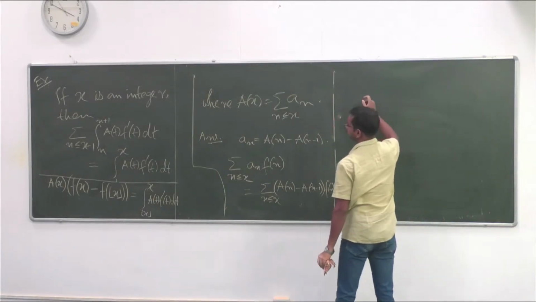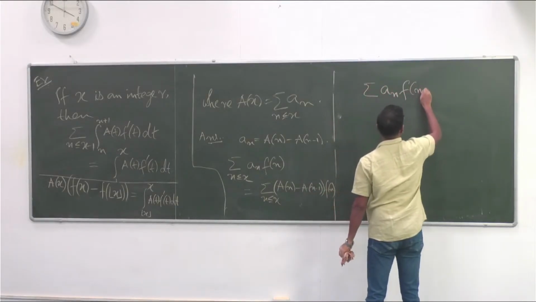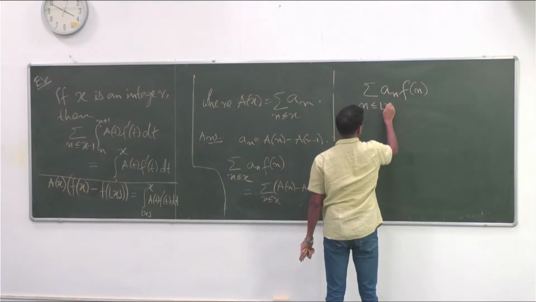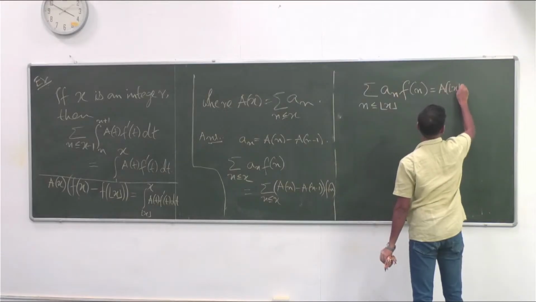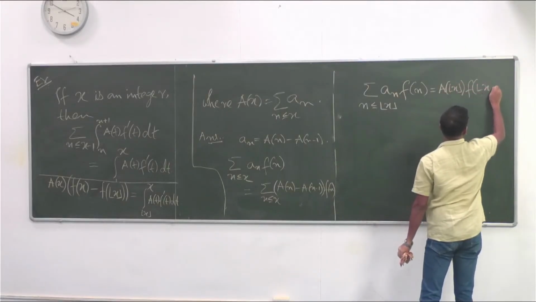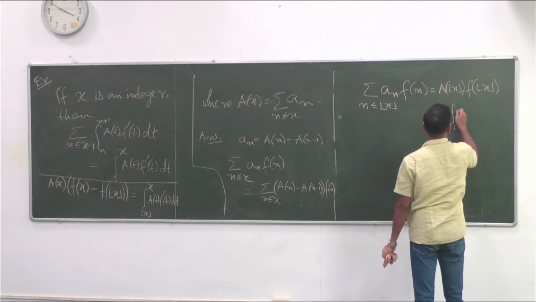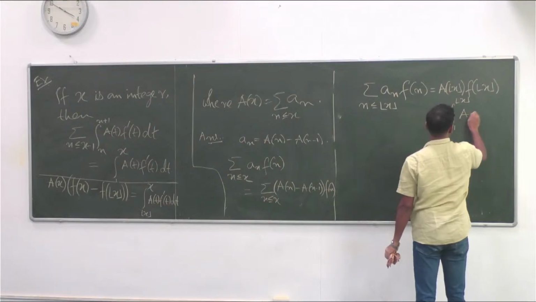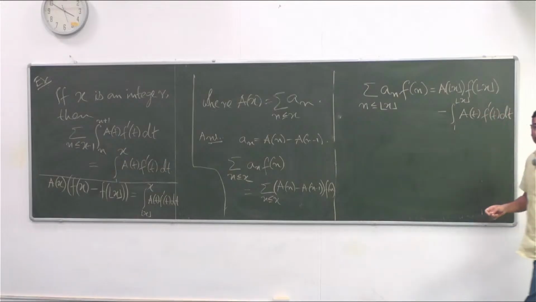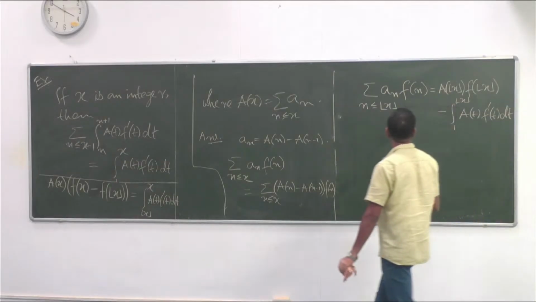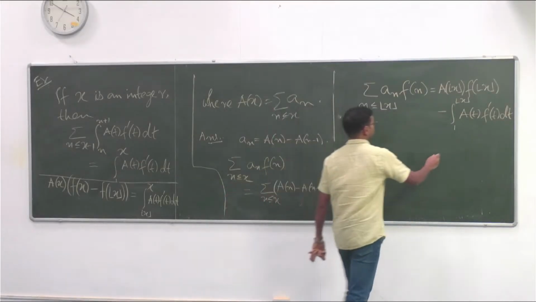So till now you have that summation a_n f(n) for n less than or equal to floor x is equal to a(floor x) f(floor x) minus the integral from 1 to floor x of a(t) f'(t) dt, right? And now using that, what do you get? So this is the first thing that we have proved till now.